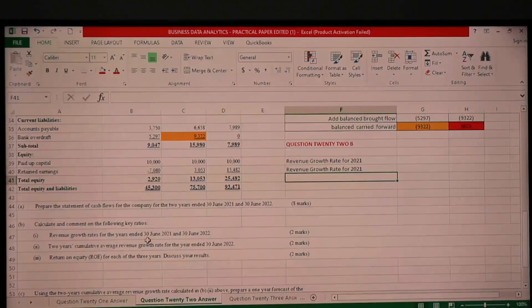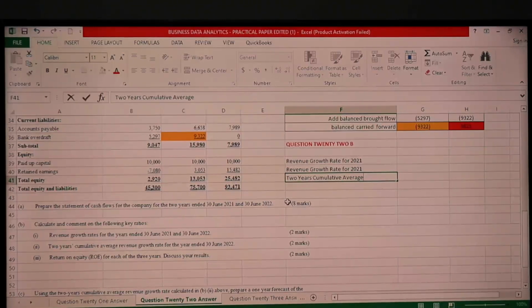The 2-year cumulative average revenue growth rate.